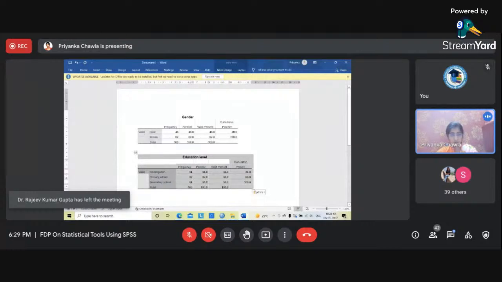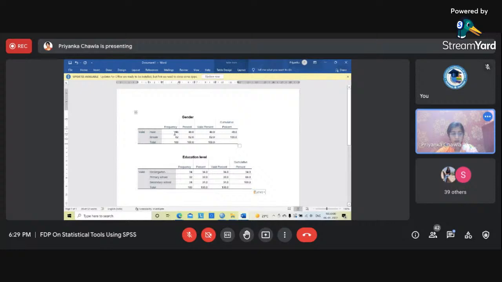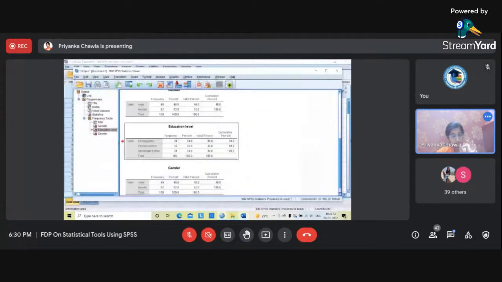Now, if I want to see whether there is any difference in observed or expected frequency, or if I want to know is there any difference in proportion of gender, is there any difference in proportion of male and female? I'm talking about a single variable. That's why I will apply chi-square. Now, how to apply this chi-square test on the single variable?